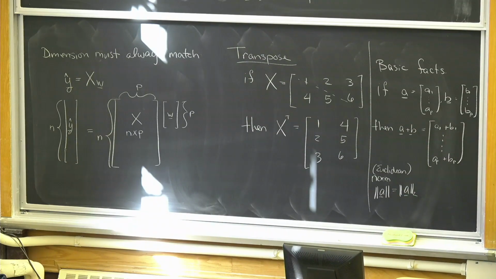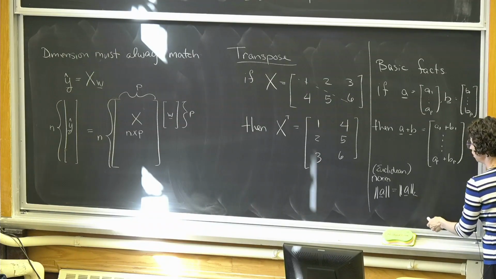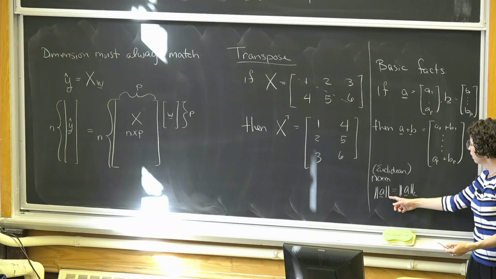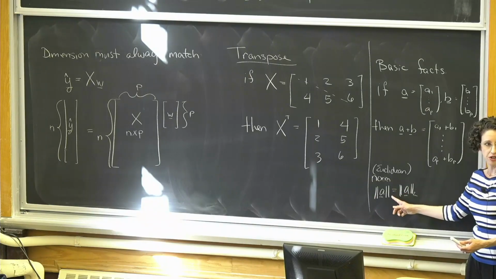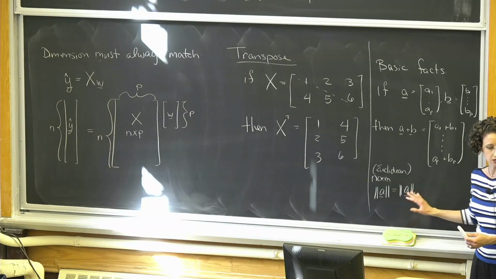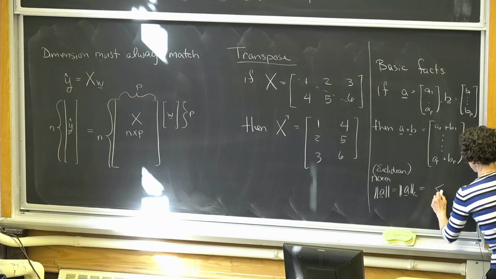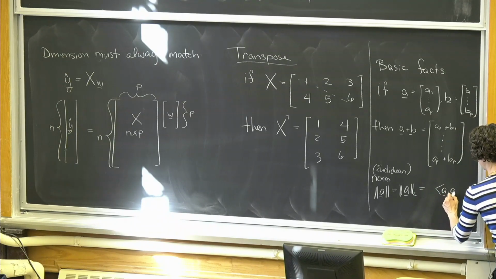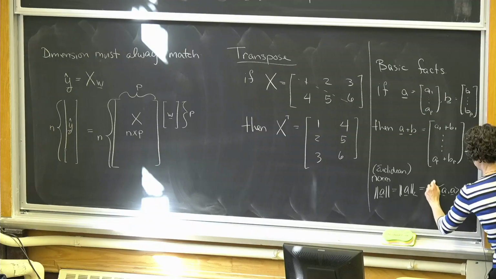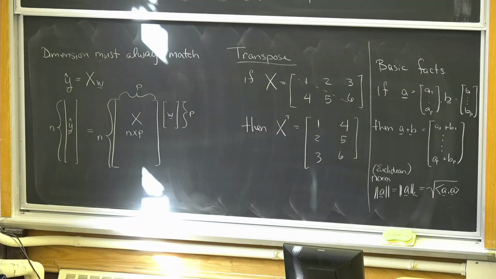We'll talk more about alternatives to this later on and what it would mean if we didn't have a 2 here. But for the most part, when you see these double lines without any number underneath, it means the definition that I'm going to give you, which is simply that we take the inner product of A with itself, and then we compute the square root of that.